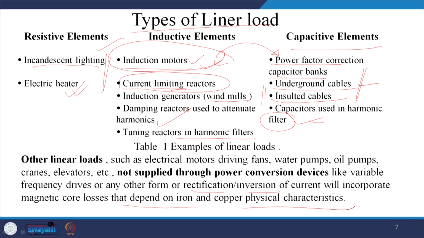So, these constitute our linear load, and now we can say that 30% of the power is generally consumed by linear load, because we are moving more towards rectification, inversion and adjustable speed drives, and a huge amount of power is being consumed there.